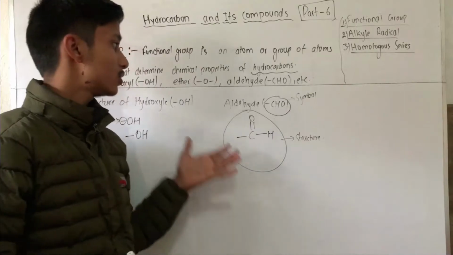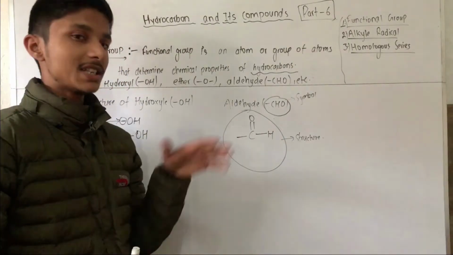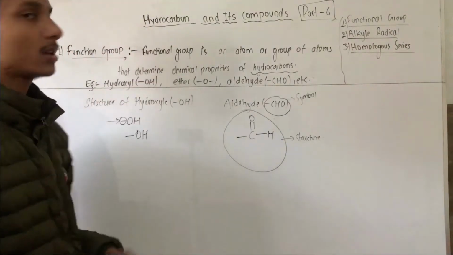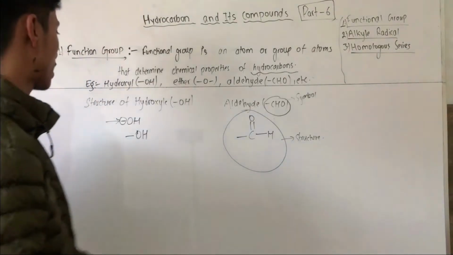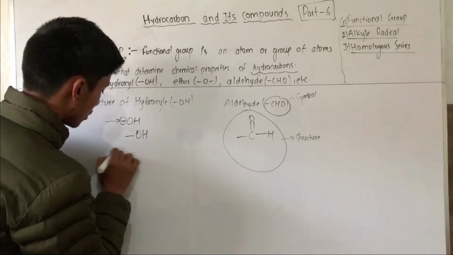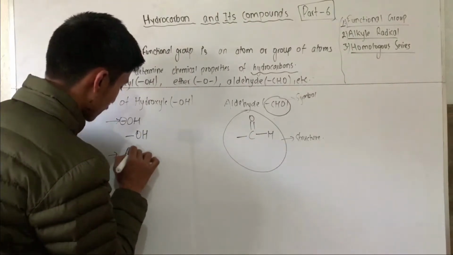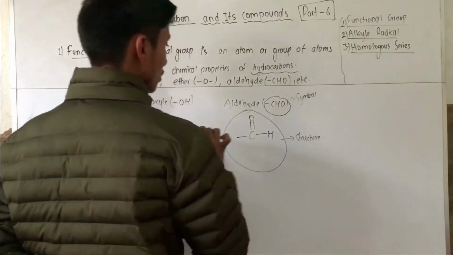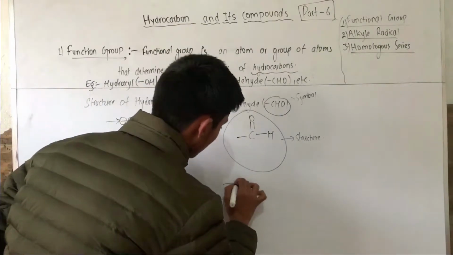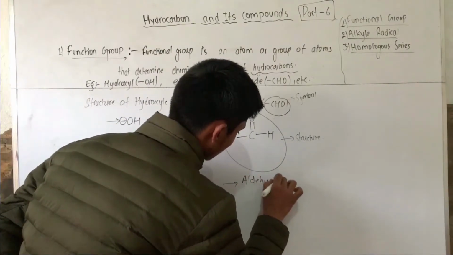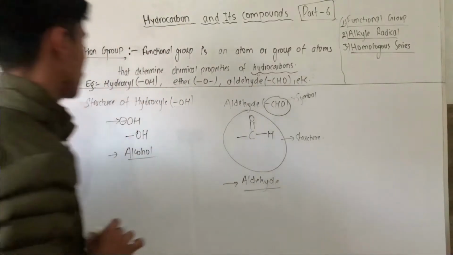And here I am going to give you a chart which will help you to know many functional groups, okay? Before that, see its compound. The compound of hydroxyl is alcohol. The compound of aldehyde is aldehyde itself.